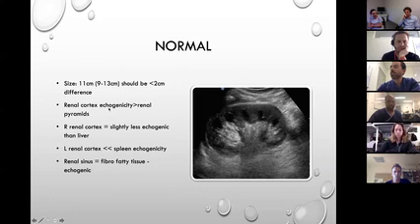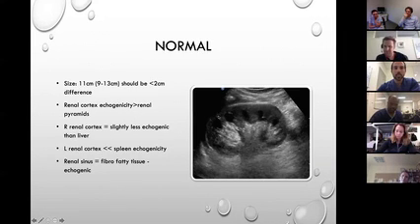Renal cortex, as I said, the echogenicity needs to be more than the pyramids' echogenicity. All right, normally, renal cortex needs to be slightly less echogenic than liver. When the liver comes across there, the liver's echogenicity and the renal cortex echogenicity should almost be the same.